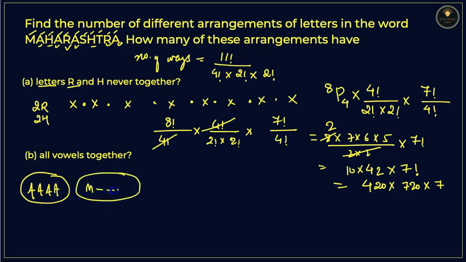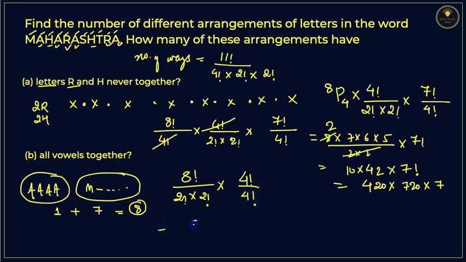The total is 7, and this group is 1, so we add these two and get 8 letters. We permutate that, so we write 8 factorial. Since 2 R's and 2 H's are there, we divide by 2 factorial multiplied by 2 factorial. Now the A's are also arranged, so we write 4 factorial, and since all are identical, we divide by 4 factorial.